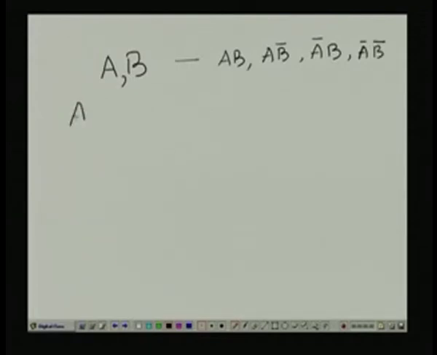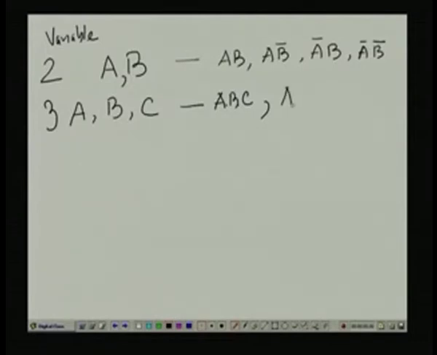Similarly, if it is 3 variables, A, B, C, what will be the product terms? See, this will be ABC, then ABC means A dot B dot C. Okay. So, I am telling simply ABC. This is A, B bar, C bar. This will be A bar, B, C, A bar, B, C bar.